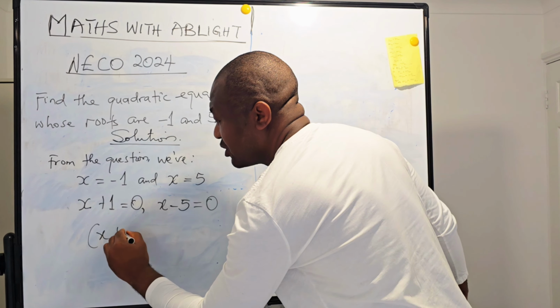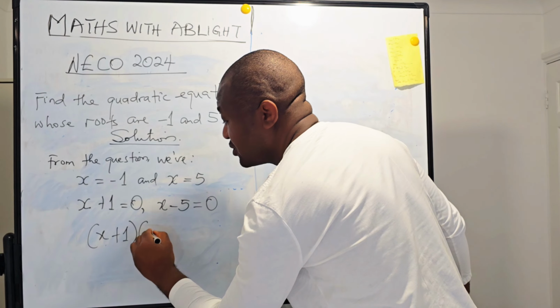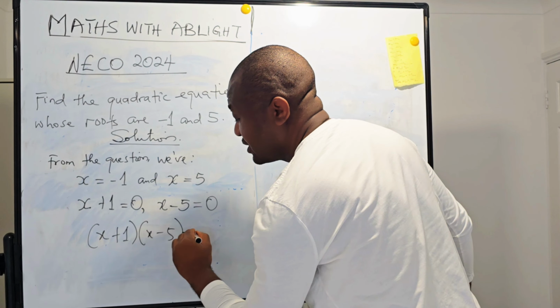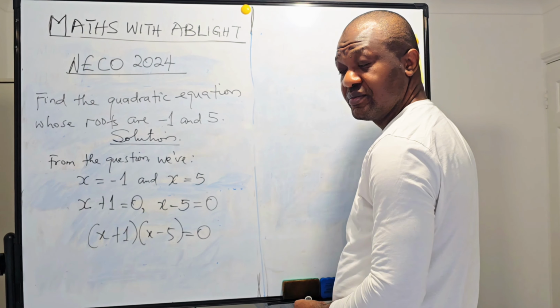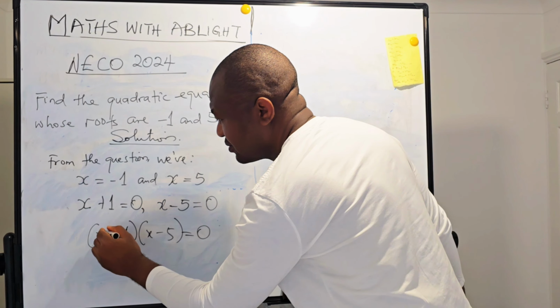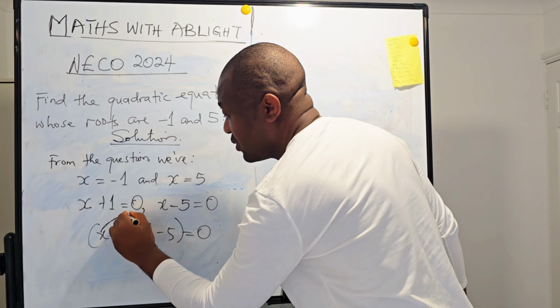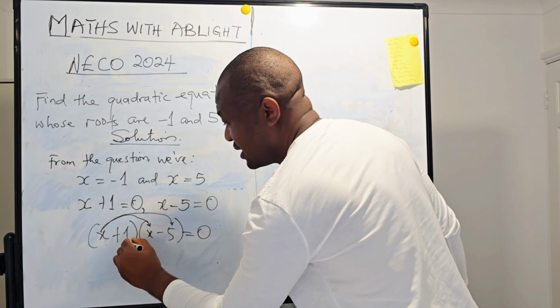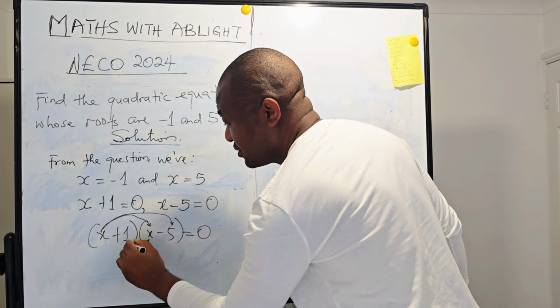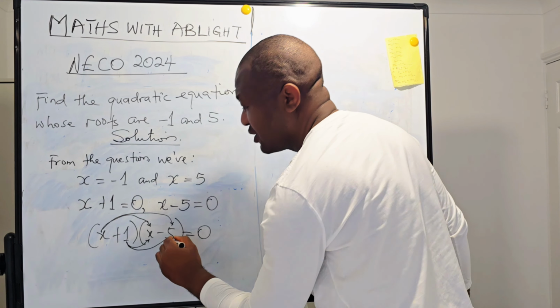That gives you x plus 1 into x minus 5 is equal to 0. So this will multiply the first one. That same one will multiply the second one. This will multiply the first one. It goes to multiply the second one.